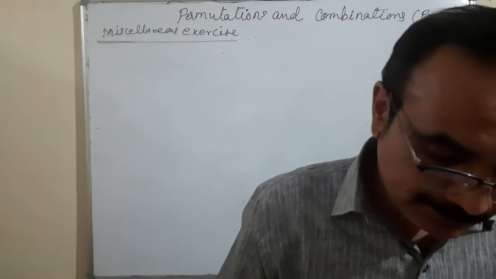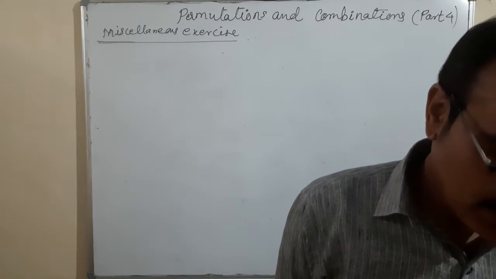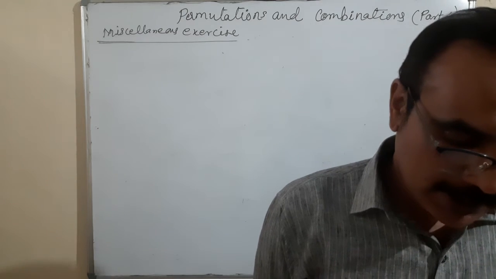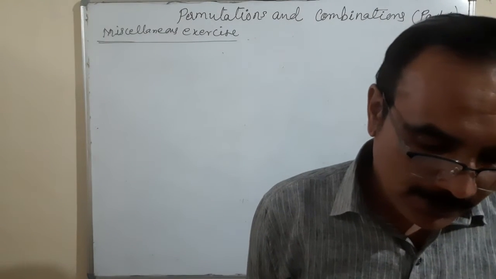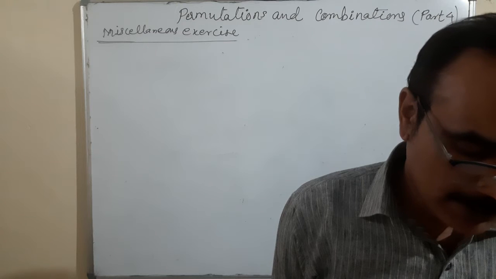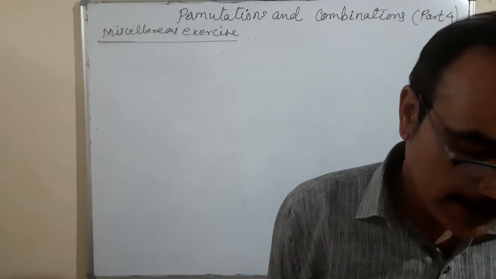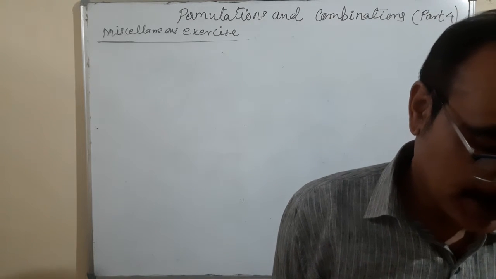After that, taking question number 5: how many 6-digit numbers can be formed from the digits 0, 1, 3, 5, 7, 9, which are divisible by 10 and no digit is repeated?